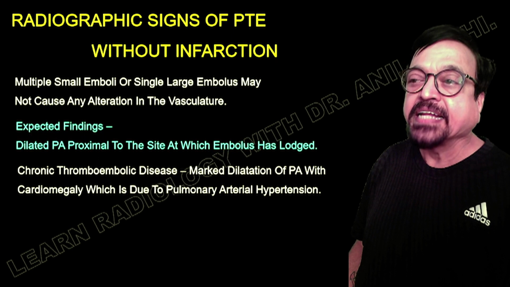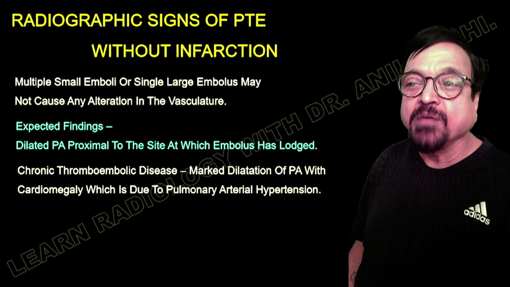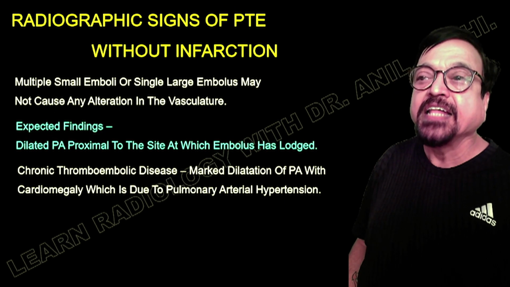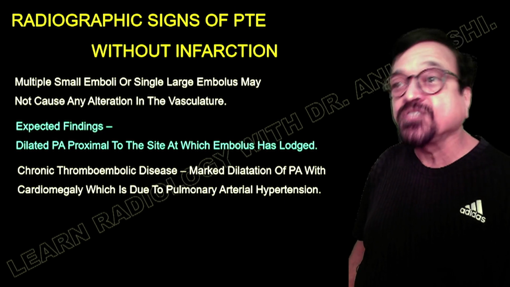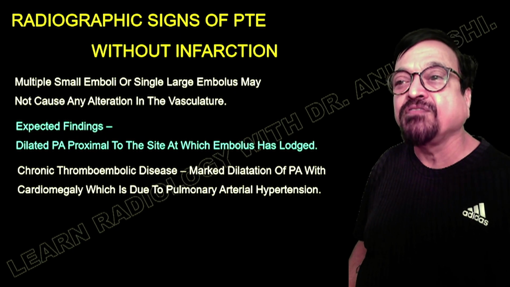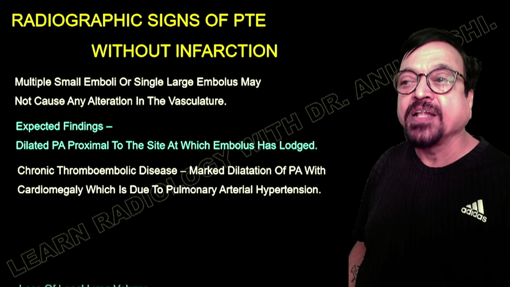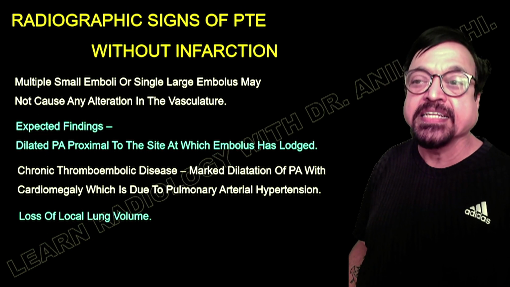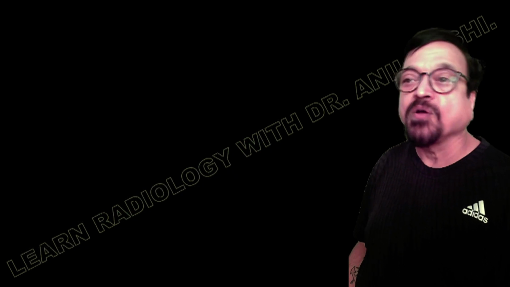Then there is marked dilatation of the pulmonary artery with cardiomegaly, which is due to pulmonary arterial hypertension. These are the radiographic signs of PTE that are false positive without infarction. So you can get these signs in all these conditions without there being a pulmonary embolism. So they are called false positives.